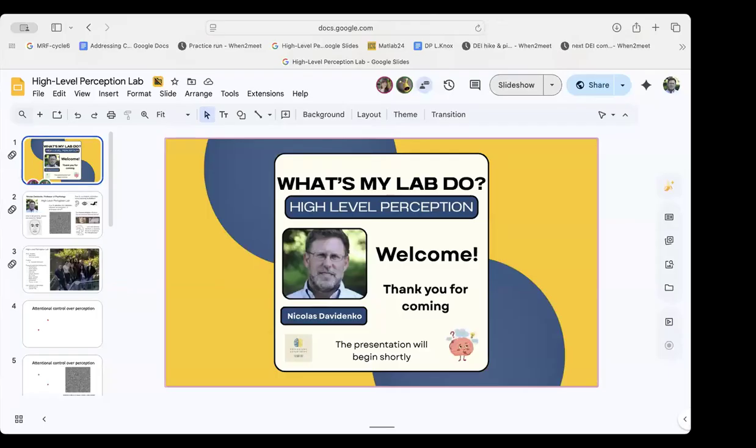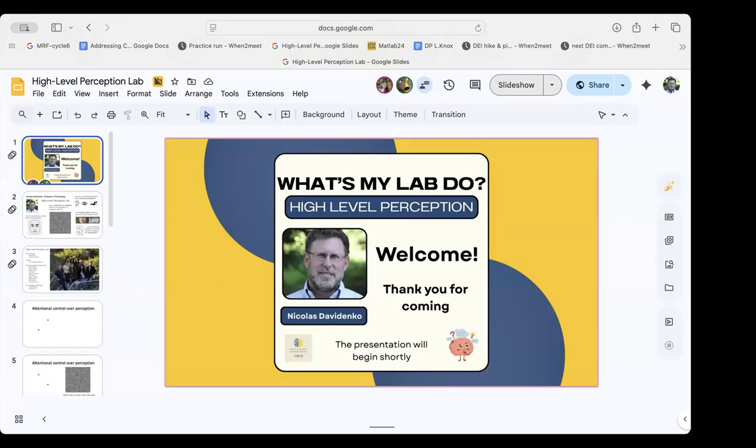So here's one big splashy intro slide to my lab, which is called the High Level Perception Lab. What high level perception means is I'm interested in perceptual processes that go beyond the early stages of encoding, like in visual, auditory, tactile perception.